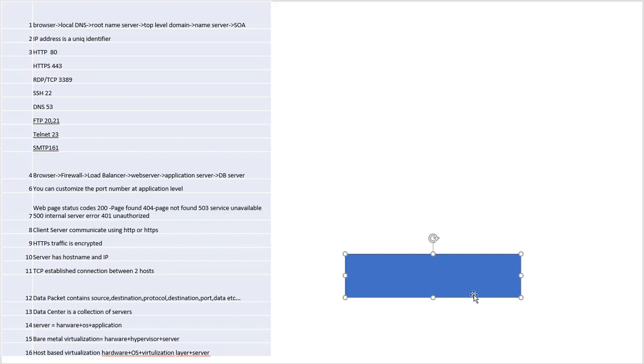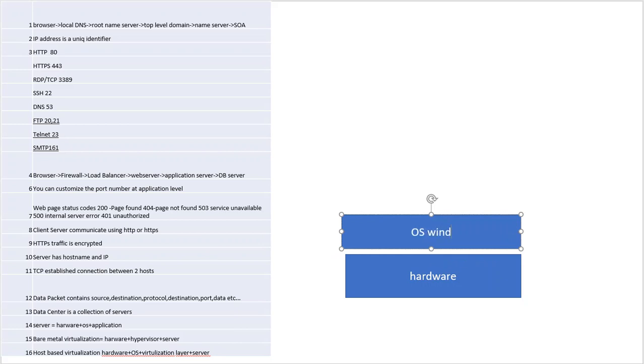So a server contains, at the lowest level, hardware, which is nothing but your CPU, memory, whatever cards you have, everything is hardware. On top of that, you will install an operating system, like Windows or Linux or Mac, iOS, and so on.